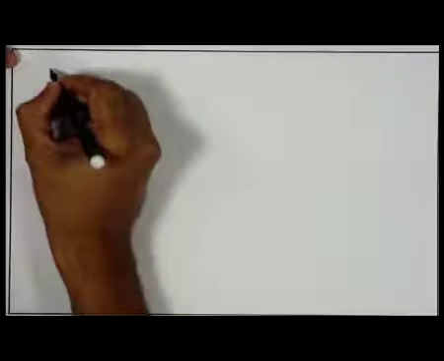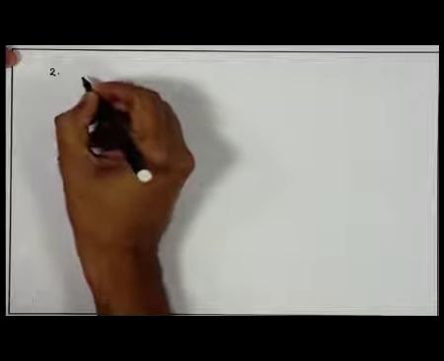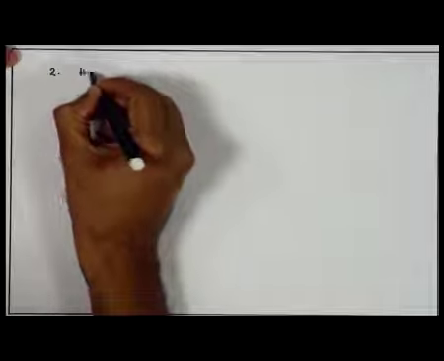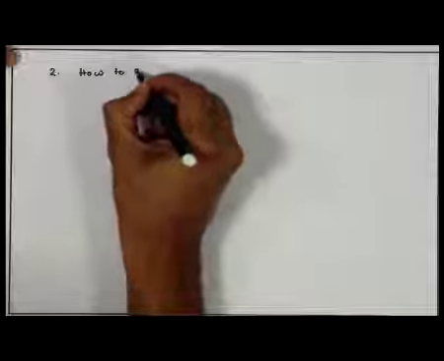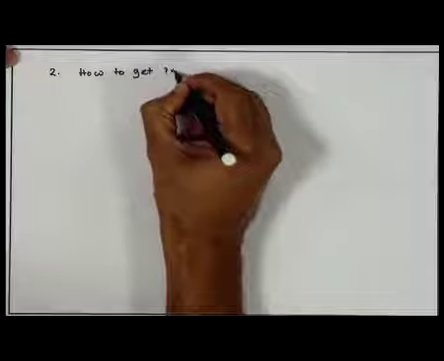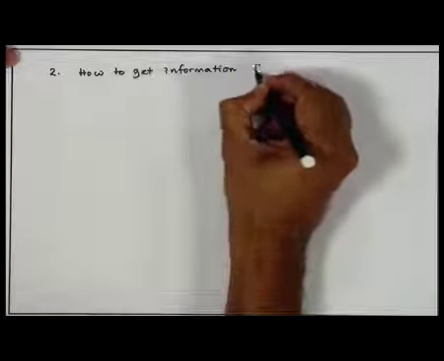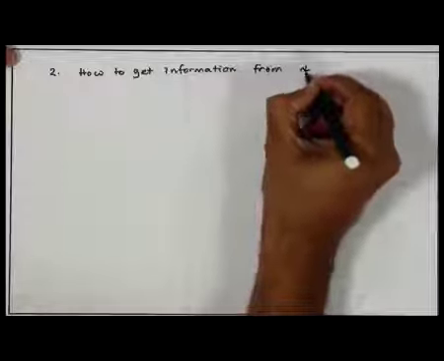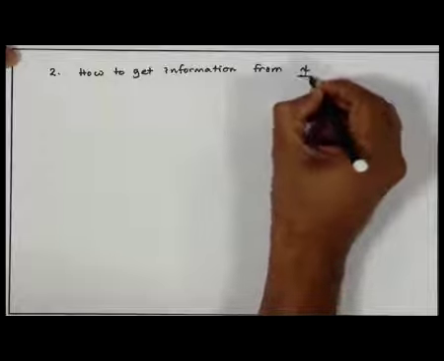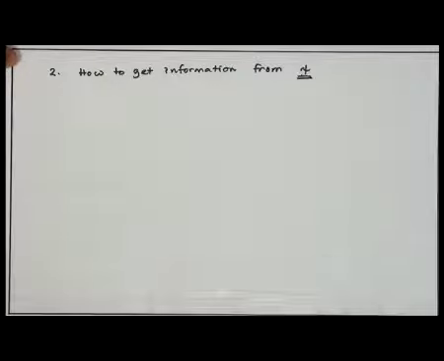That is given by the second postulate. This is what we are going to discuss next. It talks about how we can get information from this wave function.